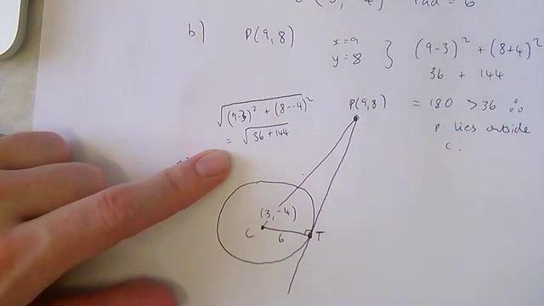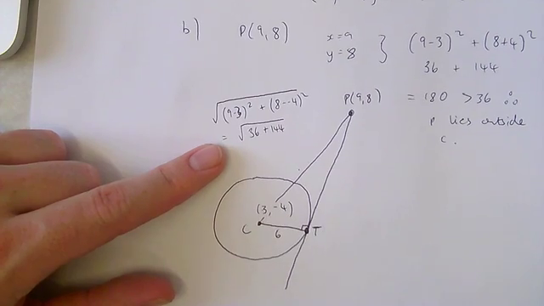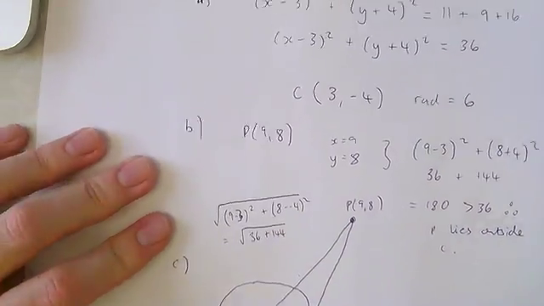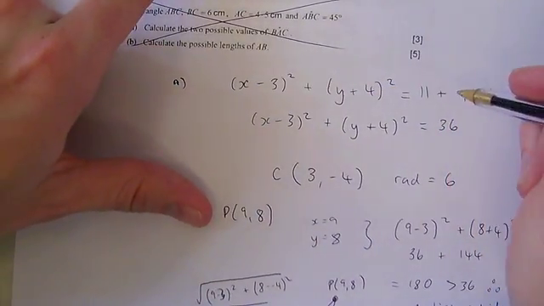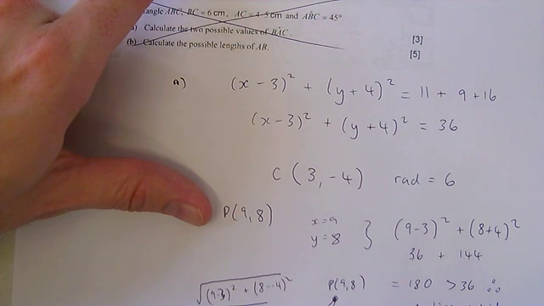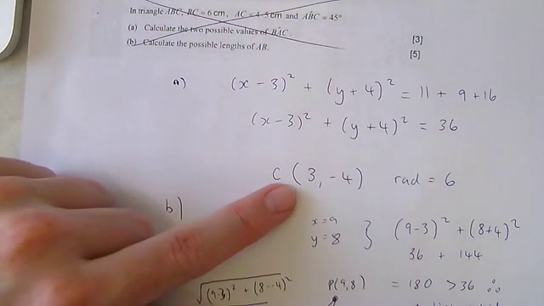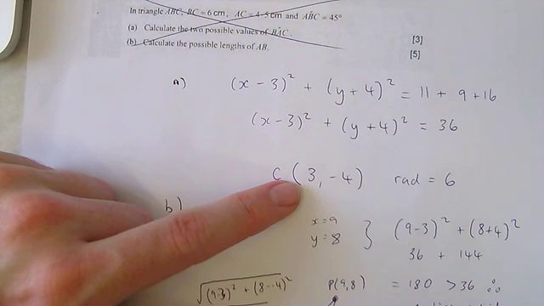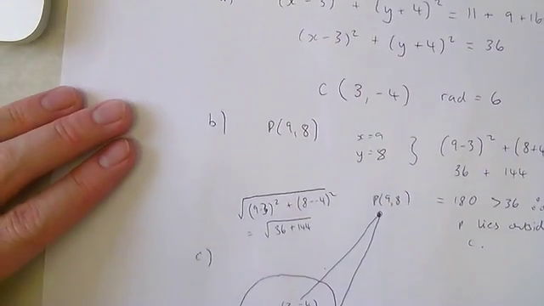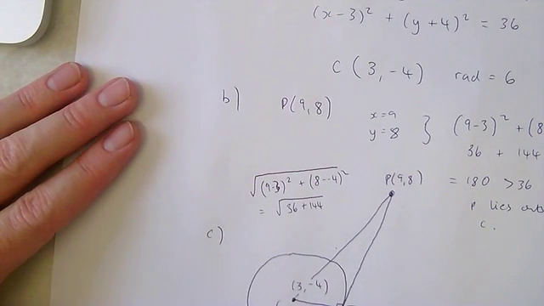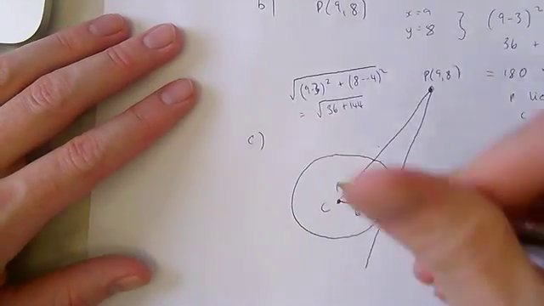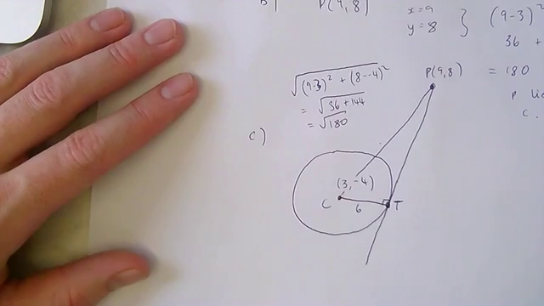Yeah, right, I thought I'd made a mistake up here, but maybe I haven't made any mistakes at all. Maybe I'm just thinking I have. Okay, right, I'm going to stick with this then. That is equal to the root of 180.